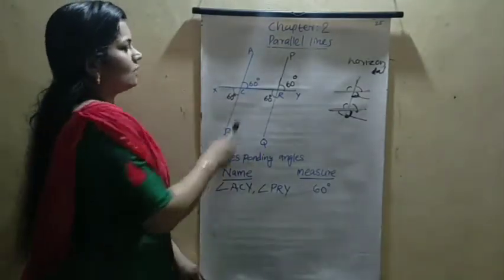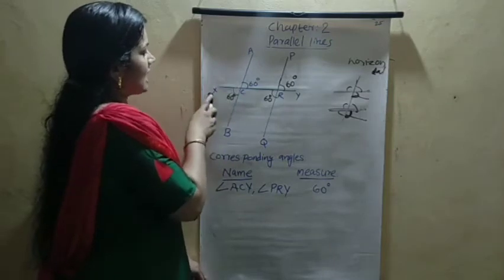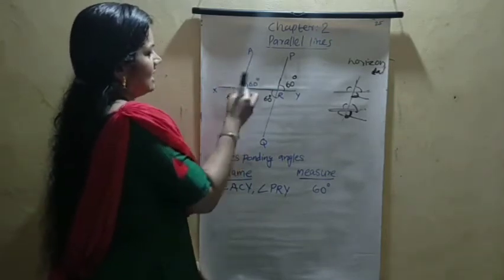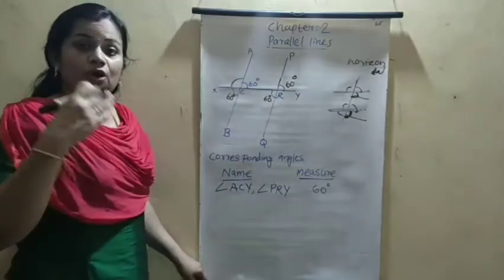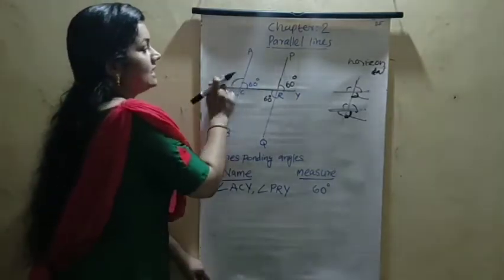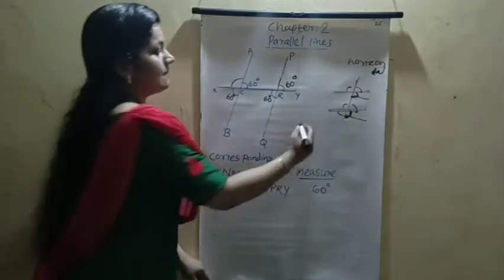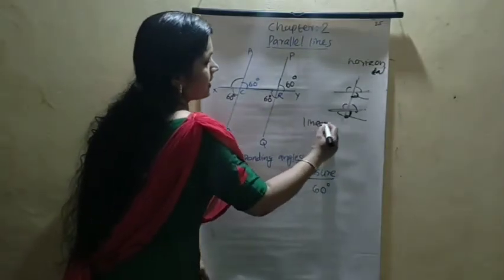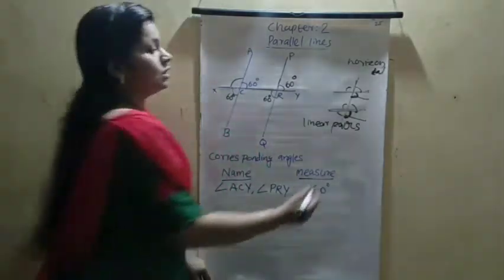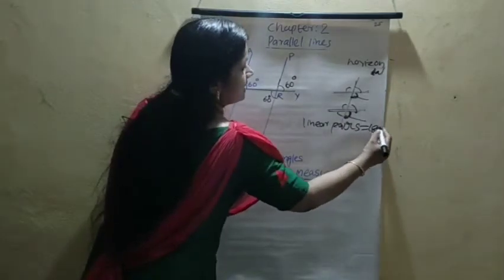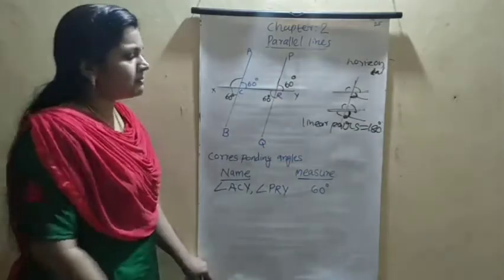Next we want to find angle XCA. How to find this angle? We already know that these are linear pairs, and linear pairs add up to 180 degrees. Do you remember this?